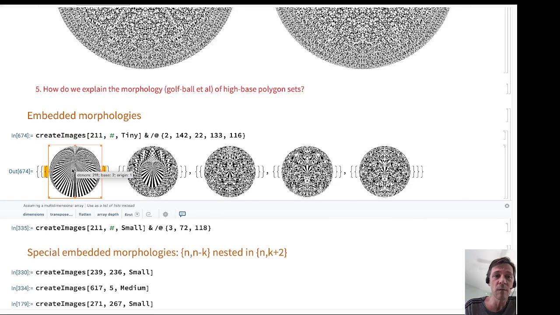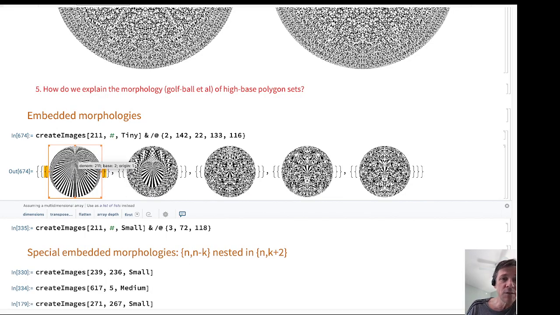The first one is in base 2, and you've gotten used to seeing that now. This has one single node in it, and it's a single image, right? And that image has this sort of cardioid, and the cardioid has these somewhat symmetrically radiating polygon edges, but it looks kind of like a palm frond.